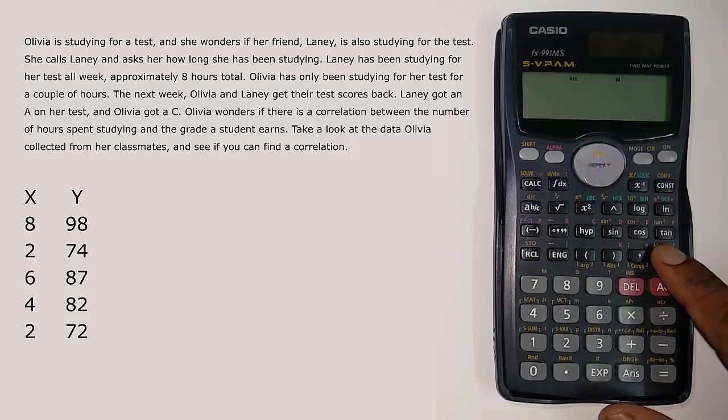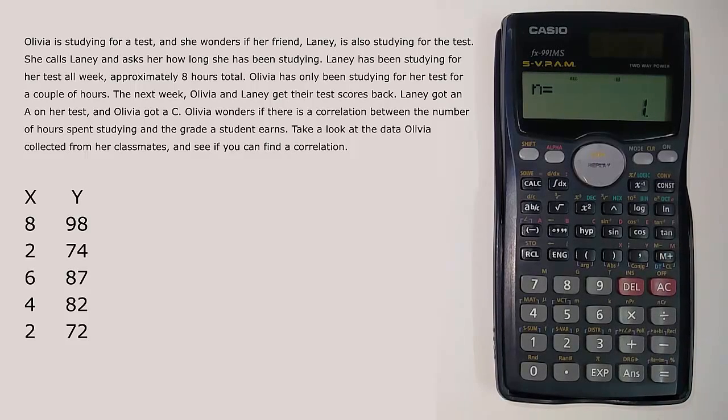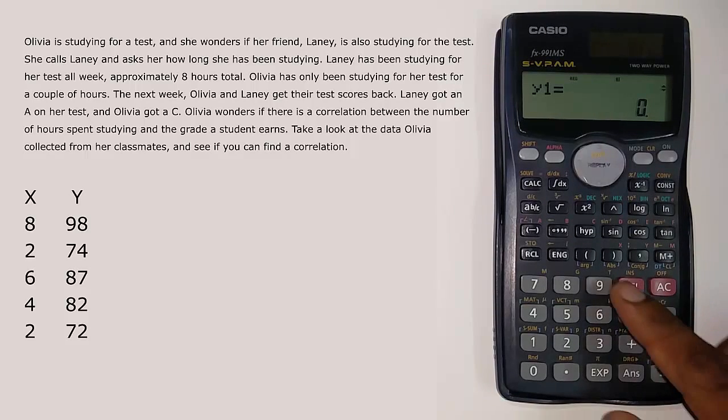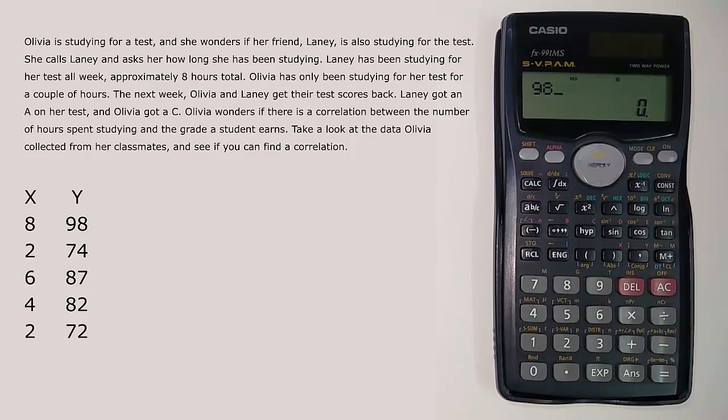We click the M plus button, we click the up arrow 2 times and now enter the corresponding y value, which in this case is 98. Click on the equal to button and now click on the AC button. This will reset the calci, but it will retain the values stored in the memory.